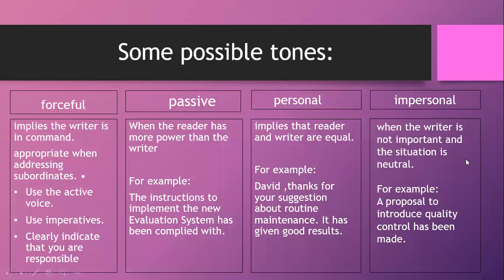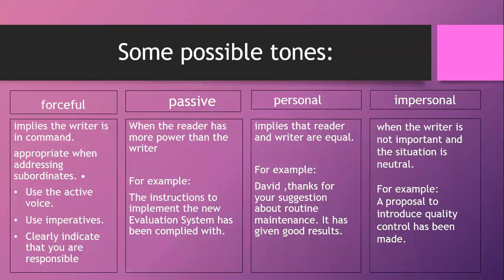The impersonal one, lastly, is when the writer is not important and the situation is neutral. So that's very impersonal. An example is: a proposal to introduce quality control has been made. Impersonal tones would usually be used in reporting articles, news reports, or events that have been recorded, right?